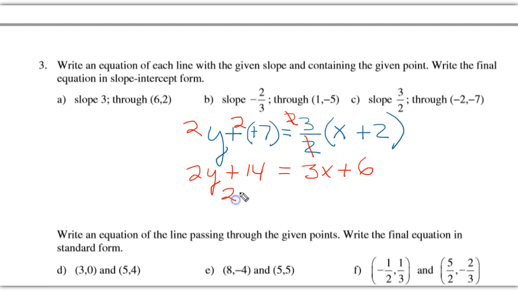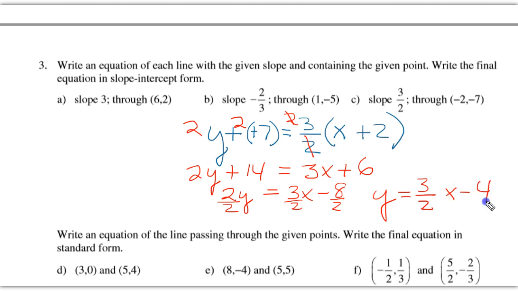Now we're going to solve for the 2y by transposing the positive 14 to this side as a negative 14, and 6 gives me 3x minus 8. And now we're going to divide everything by 2, and we get y equals 3/2 x minus 4.